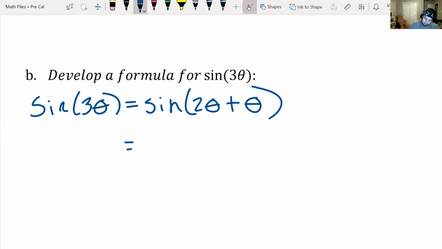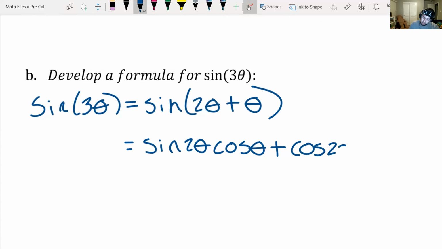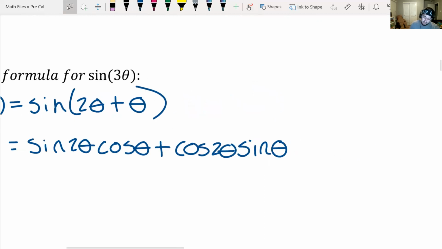This becomes sine of 2 theta times cosine theta plus cosine 2 theta sine of theta.